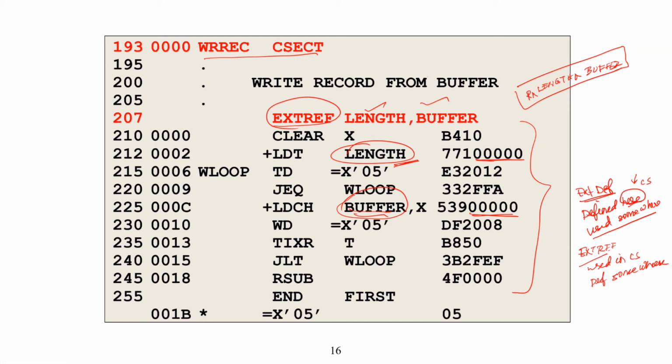So you have learned two more things: how to write a define record and how to write a refer record. Next, we will see one more thing, how the modification record changes. Clear? Consider this statement: plus LDT length. It has to be modified as per the modification record's formula.